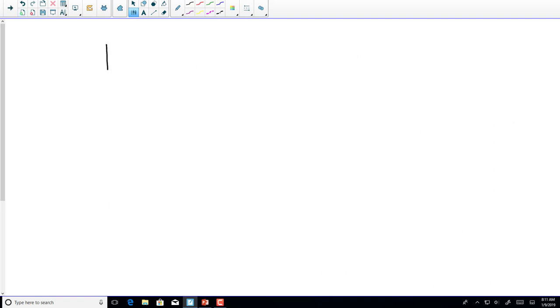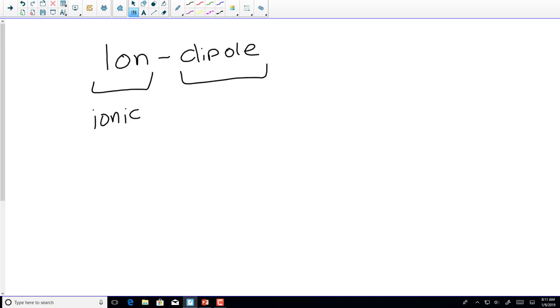Ion-dipole interactions. If you just take the name, ion-dipole, it means it's between something that is ionic and something dipole. What kind of things have dipoles? What kind of molecules? Polar. Good. So an ionic plus a polar compound.